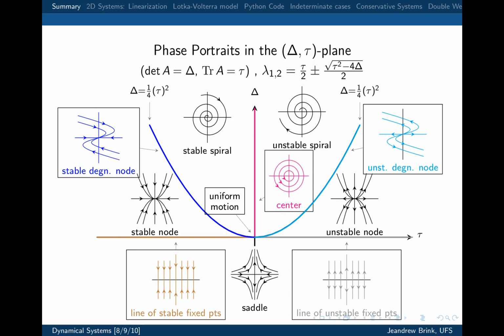Okay, so this basically summarizes all the possibilities in two-dimensional linear systems, and there's a complete analytic solution. It can be completely analyzed. All the possible phase diagrams you get are these. And so what we're going to do now is build up more complicated phase diagrams using this knowledge.